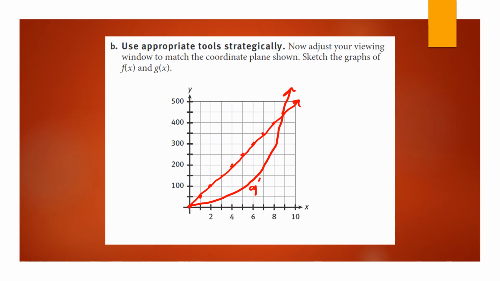So that would be the g of x function. So let's try to get these as close to accurate as you can without making yourself go crazy about it. You want to make sure things like starting places and intersections are as close to accurate as possible.